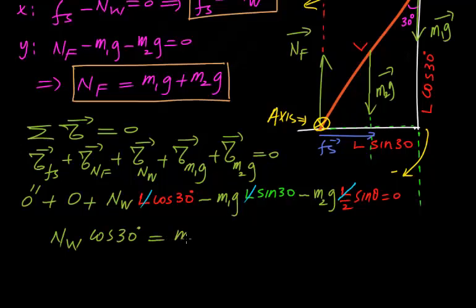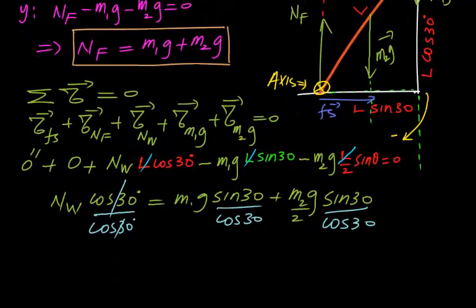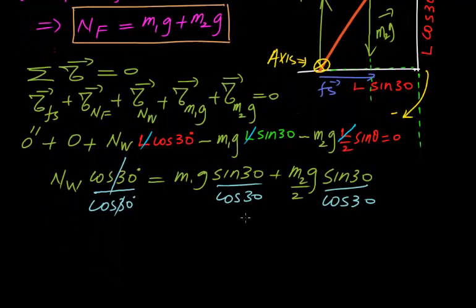You can have M1G sine 30 plus M2G over 2 sine 30. Divide both sides of the equation by cosine 30 to get rid of the cosine 30 from the left hand side of the equation. Cosine here is gone. The right hand side has sine over cosine, that is the tangent.